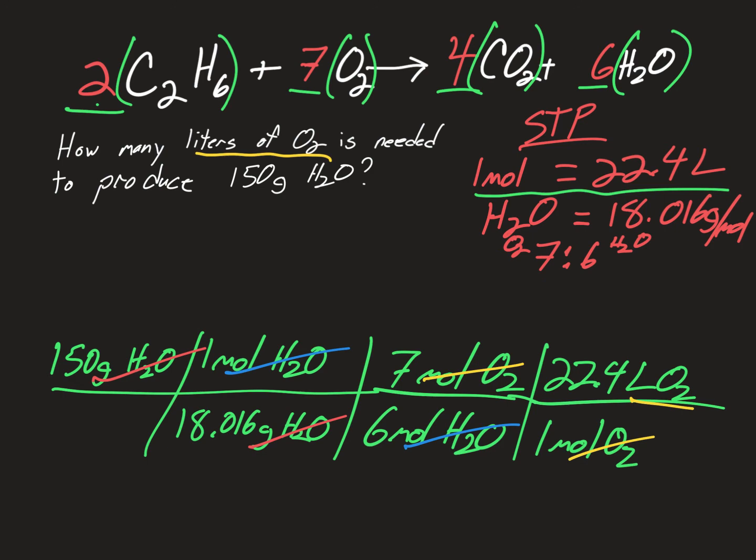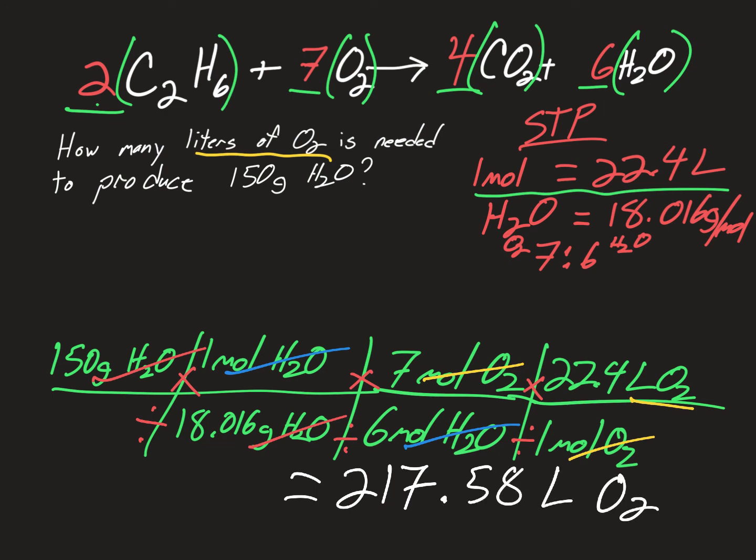So now it's just a matter of multiplying everything on top again, dividing by everything on the bottom, and we will get 217.58 liters of O2 as our answer.